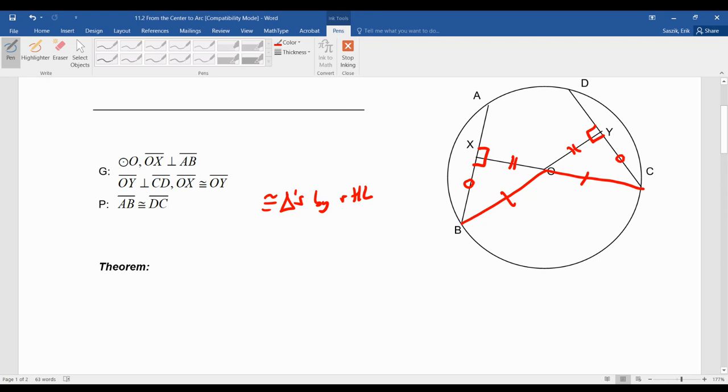Okay, so what does this give us? This gives us a new theorem. Remember, we were given that OX is congruent to OY.